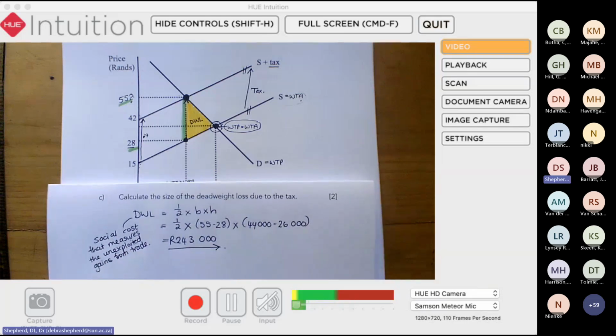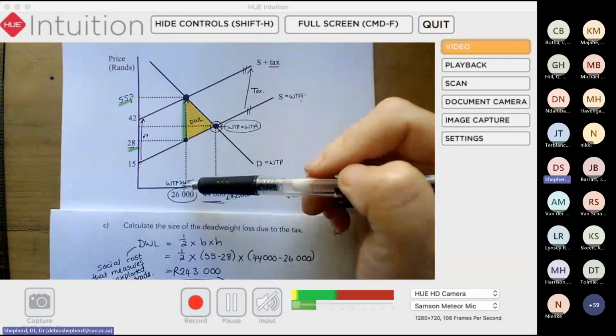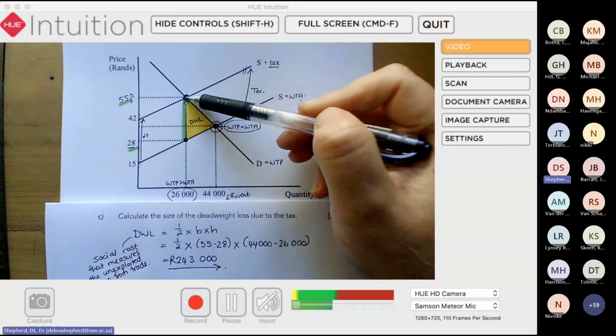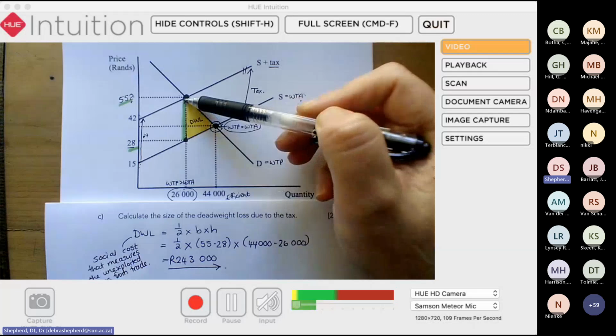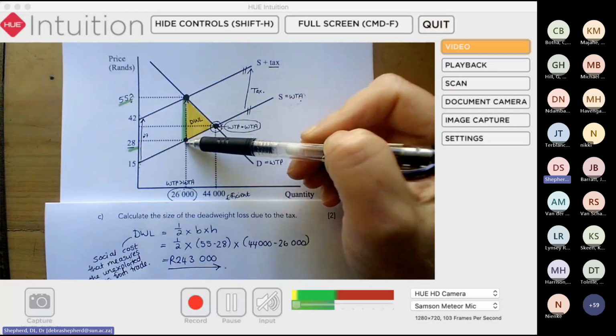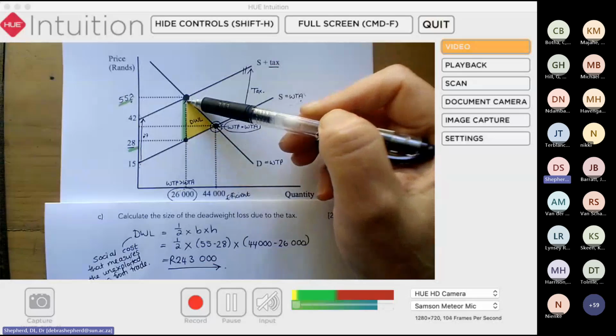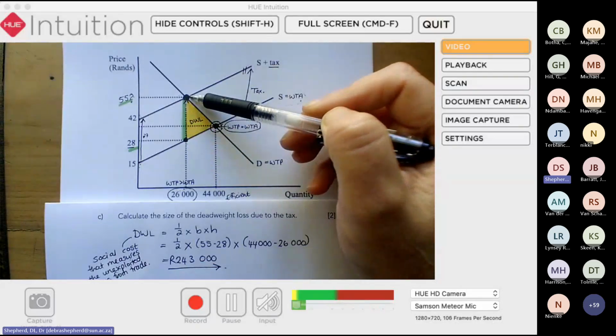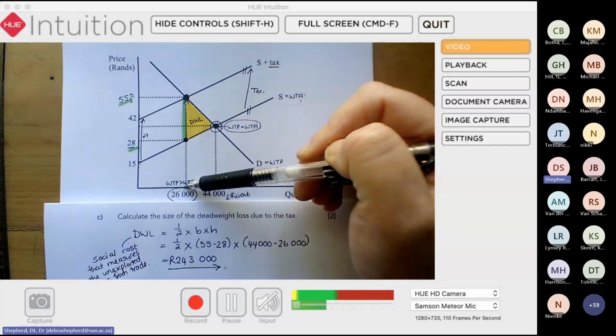So what I mean by that is, if we look at 26,000 pizzas, the maximum willingness to pay of the last person who bought a pizza exceeds the minimum price that the seller was willing to accept. This indicates that there is a net surplus in this transaction.